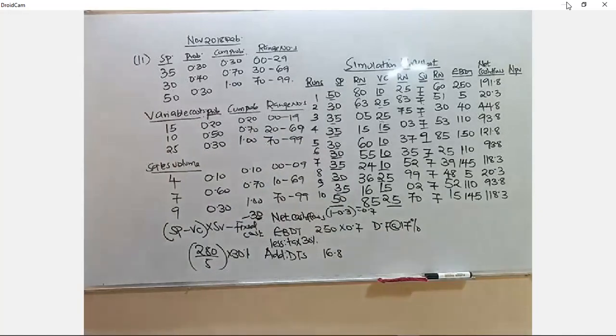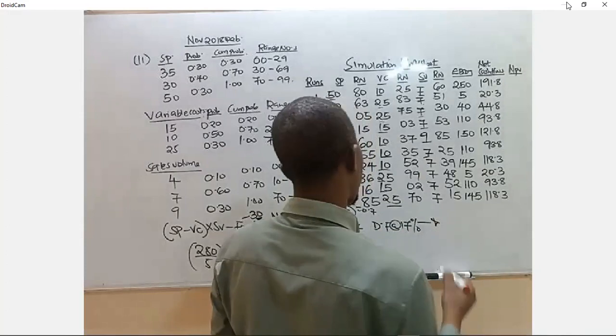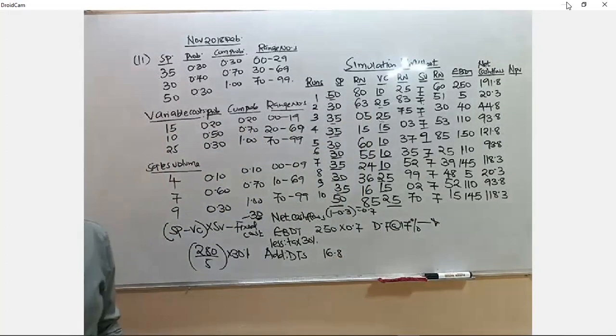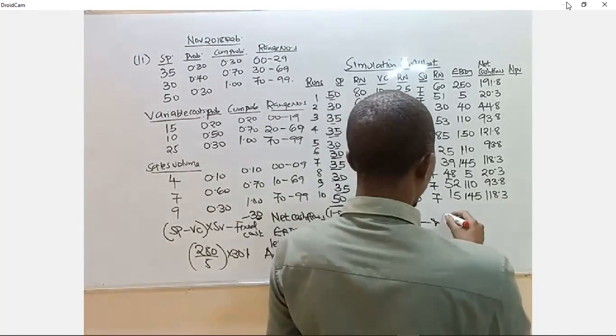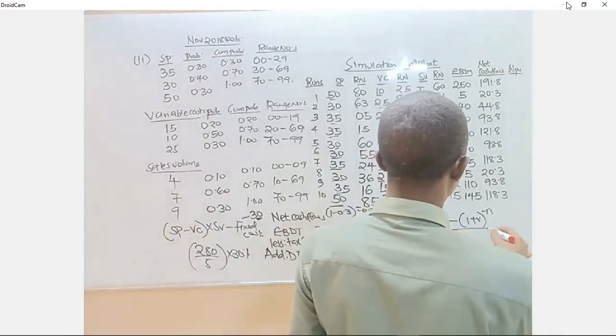You know very well, these are not annuities, but these are lump sums. Right? Let me check. These are annuities, sorry. So in this case, if you do your math in a proper manner, it was 1 minus 1 plus r raised power negative n, divided by r.